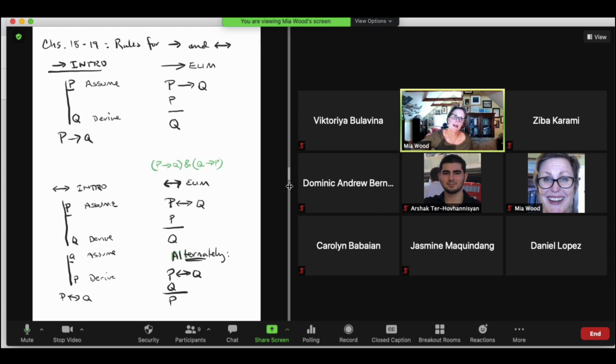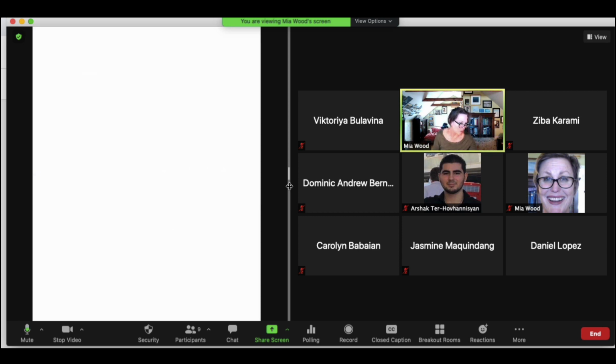Then there is another sheet that has both the Boolean and conditional and biconditional rules on a single sheet. That said, you could write all of the rules on a single sheet yourself. It doesn't matter how you have them. Just make sure that you have it with you. That's going to be really important, because I won't be able to have it up while we're working.